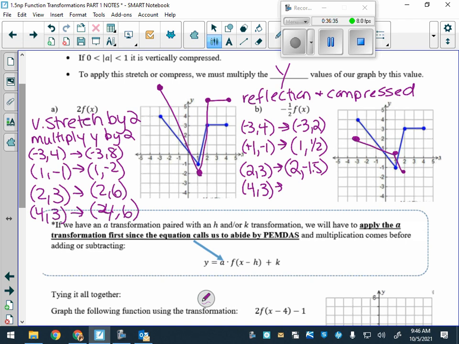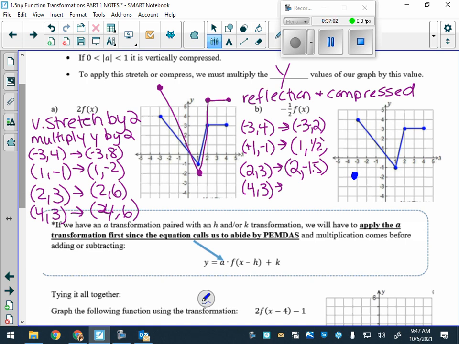And then what else would we have? Oops. I graphed this one wrong. This should be a -2, guys. Did you guys catch that? That's why it looks different, because 4 times -1/2 was -2. So -3, -2.